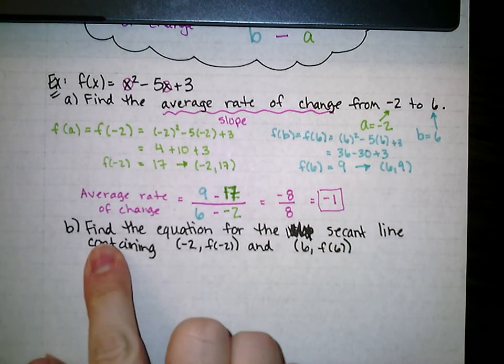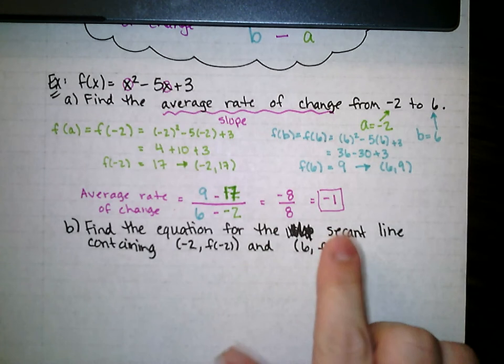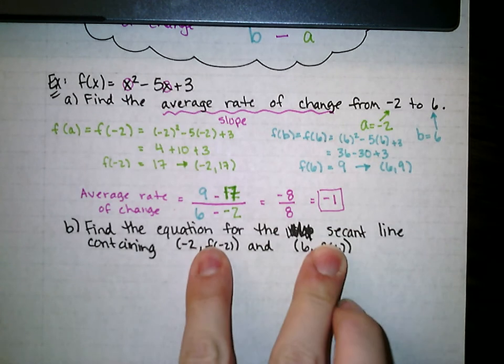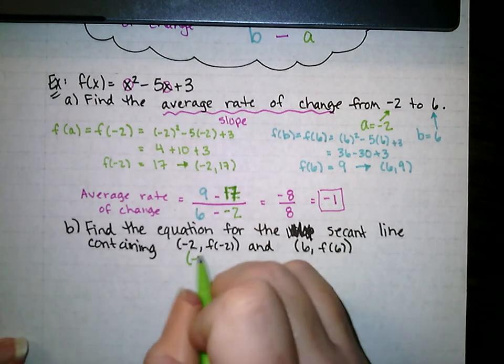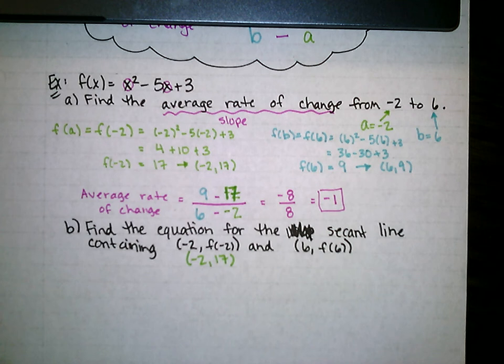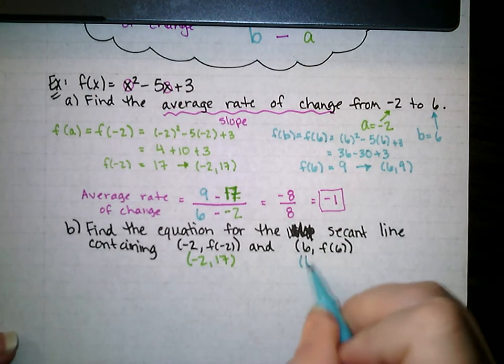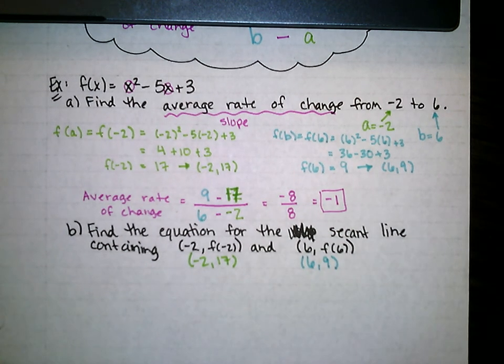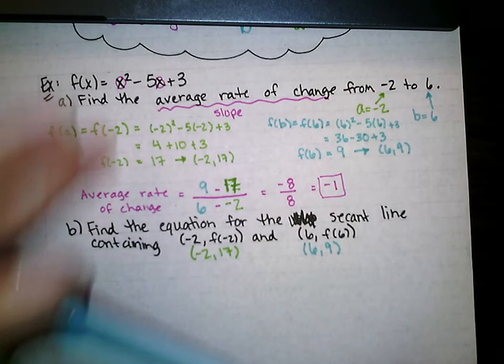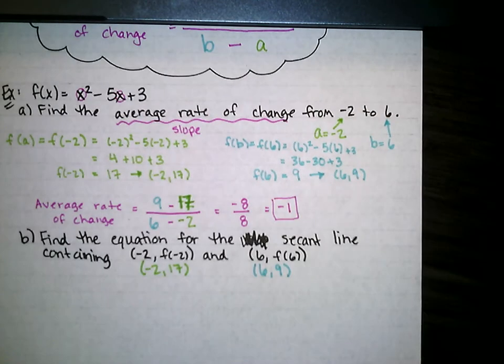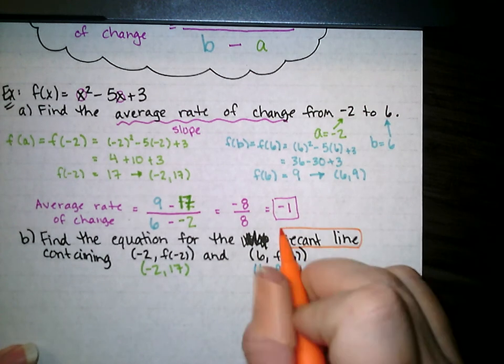Now, if they ask me to find the equation for the secant line that contains those two ordered pairs that I just found. So now I know that this ordered pair was -2, 17, and 6, 9. The equation for that secant line, that's this line that I just drew, except for it's on this function, which is a parabola. So the equation for the secant line is the line that joins those 2 points.